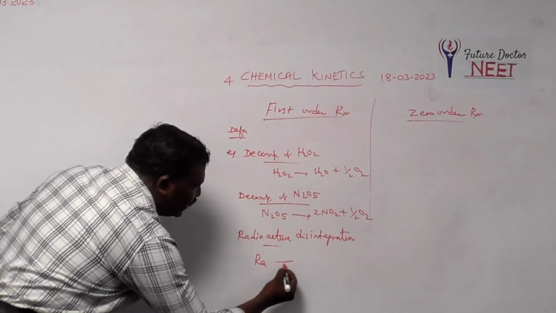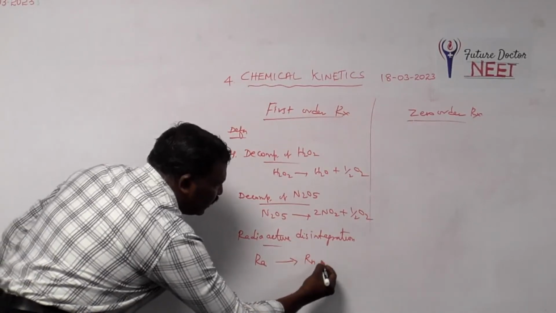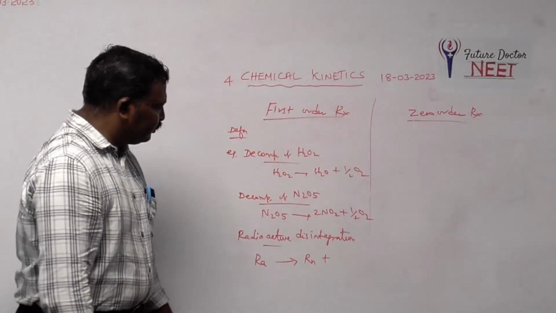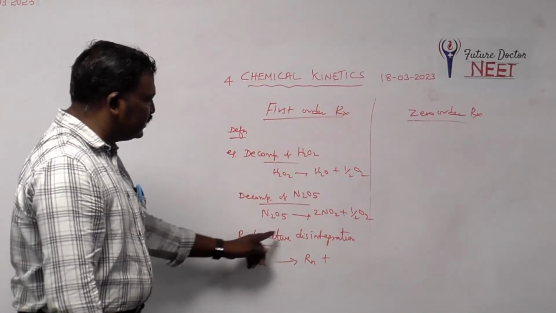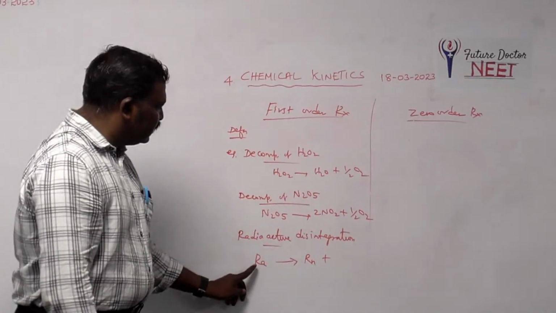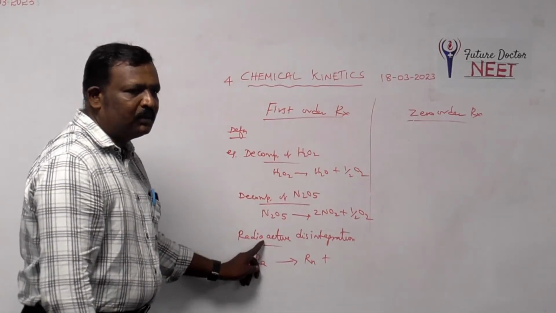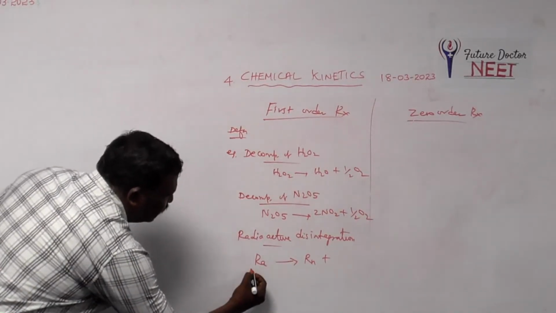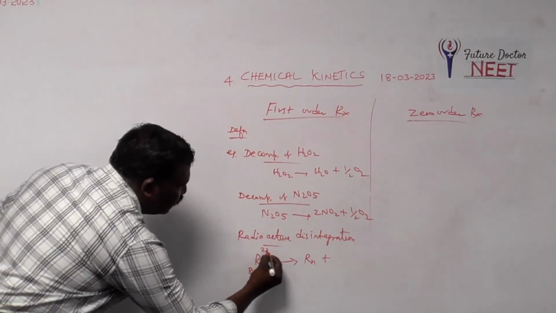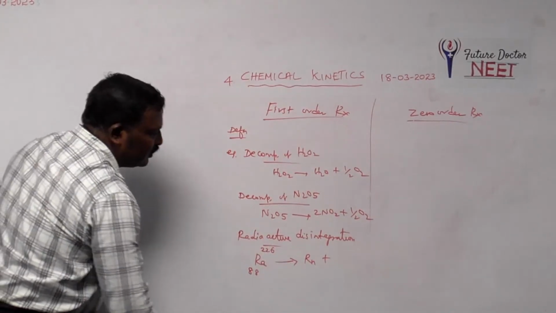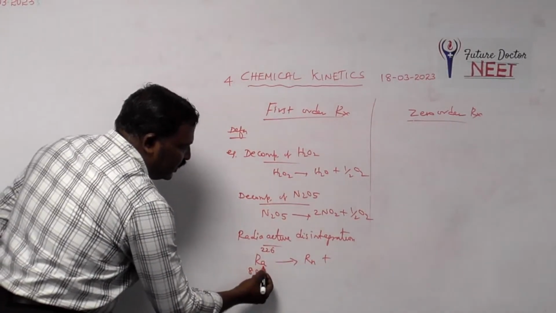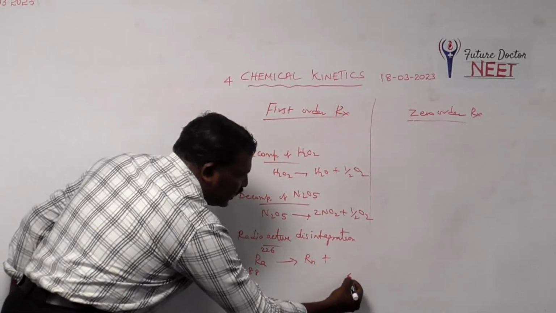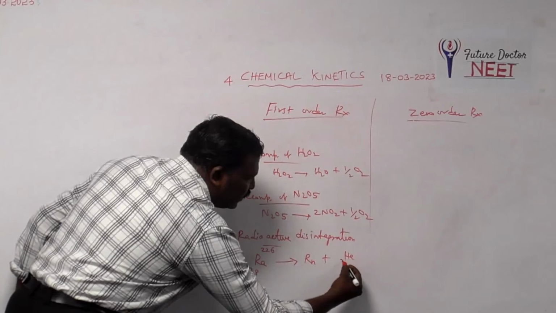Here I will give an example. Radium, Ra, disintegrates to become radon. In radioactive disintegration you must know the atomic number and mass number. Here the atomic number is 88 to 86. Radium becomes radon, and one particle is obtained. That particle is called an alpha particle. An alpha particle is nothing but helium.